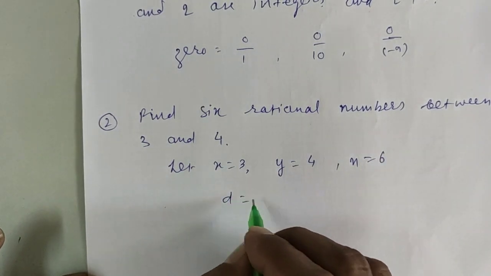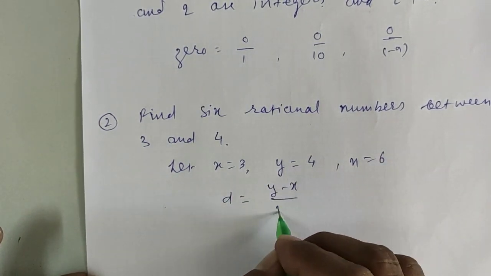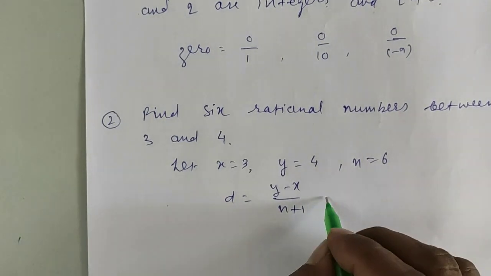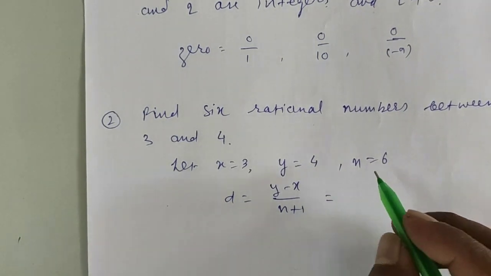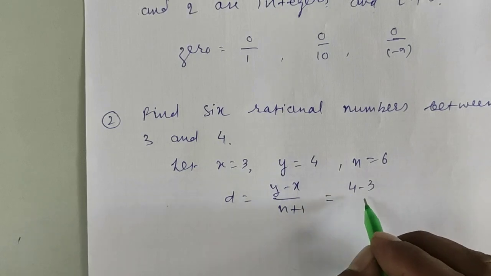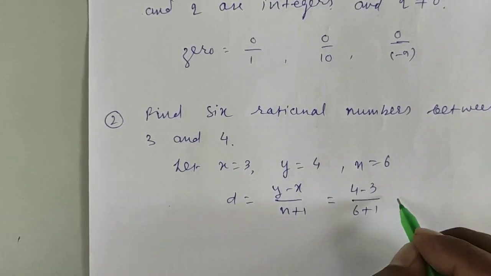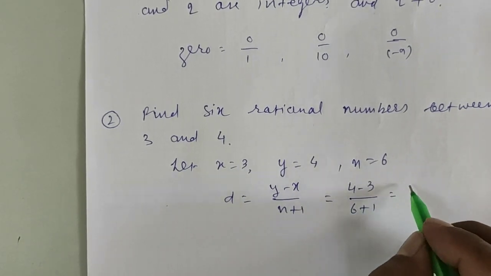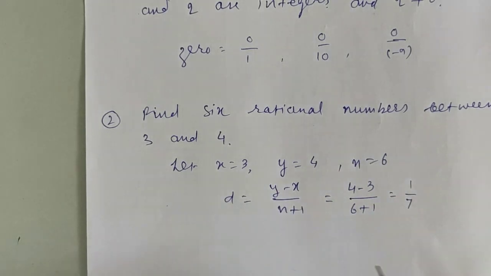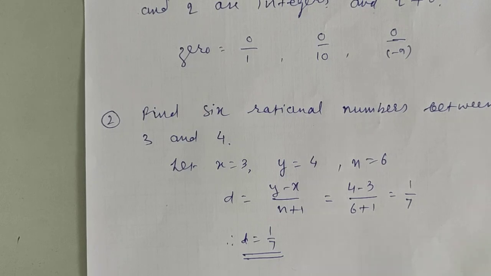So d is equal to y minus x upon n plus 1, which is 4 minus 3 upon 6 plus 1. 4 minus 3 is 1, 6 plus 1 is 7. So d is equal to 1 upon 7. Now we will find 6 rational numbers between 3 and 4.